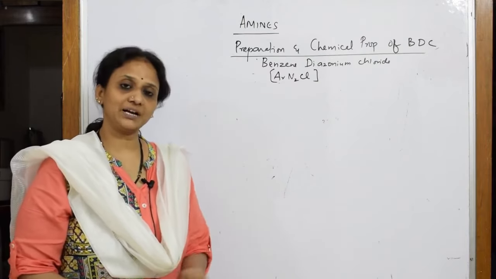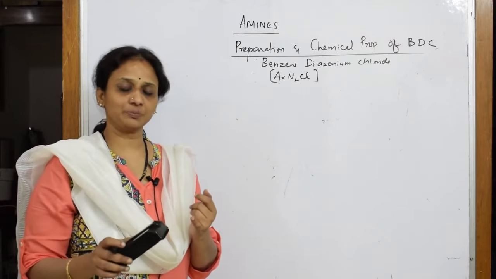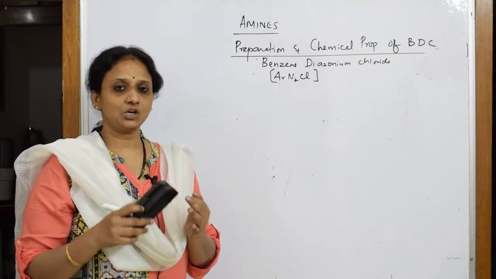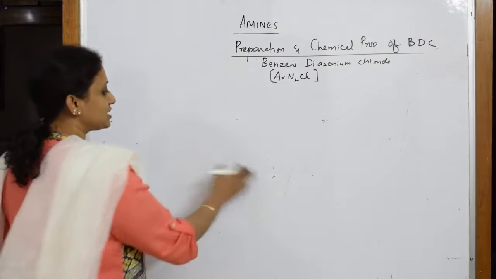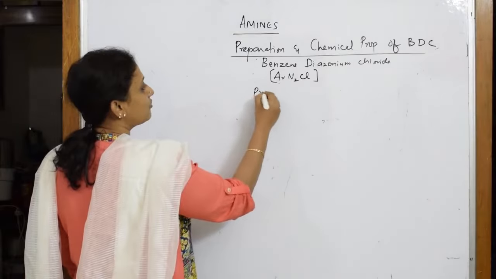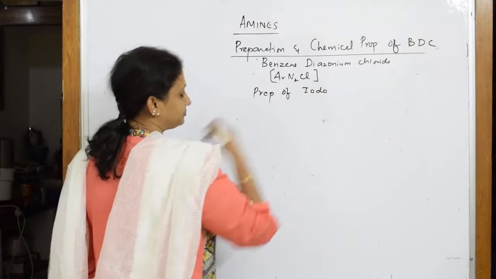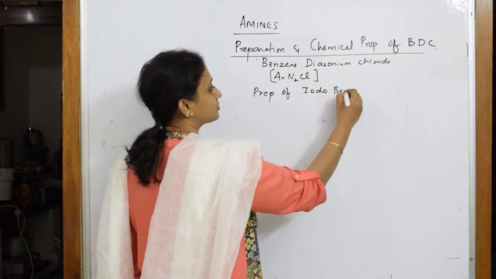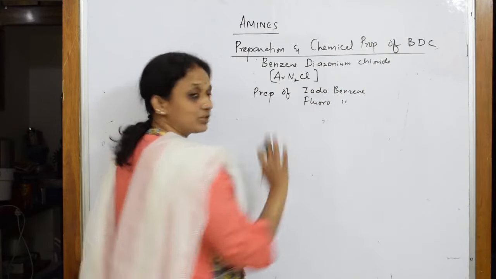But did we prepare iodobenzene? In halogens, fluoro is not prepared. Chloro is prepared, bromo is prepared, iodo is not prepared. So we are left with two more halogens, that is preparation of iodobenzene and fluorobenzene. We have not done this.